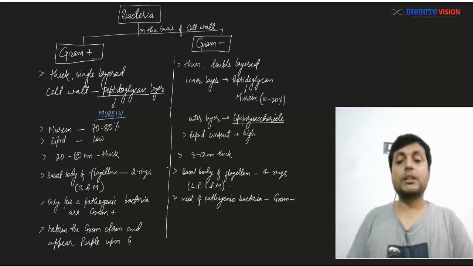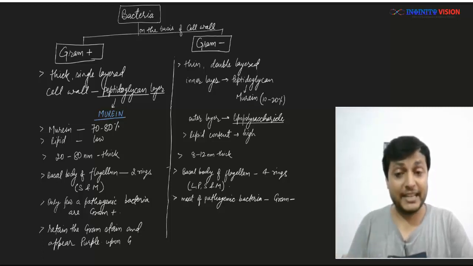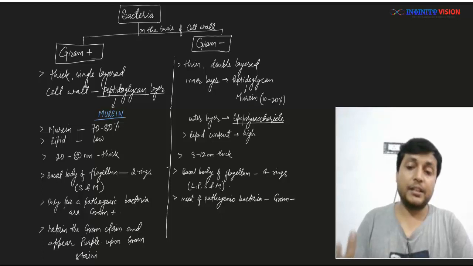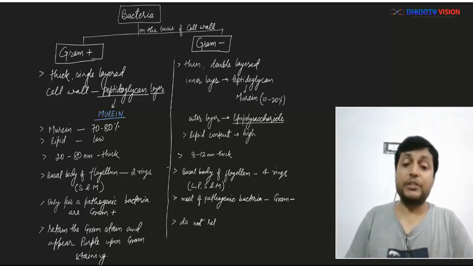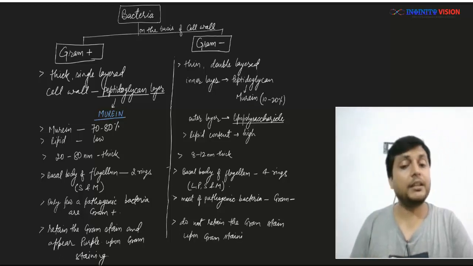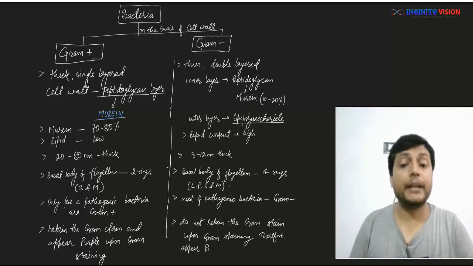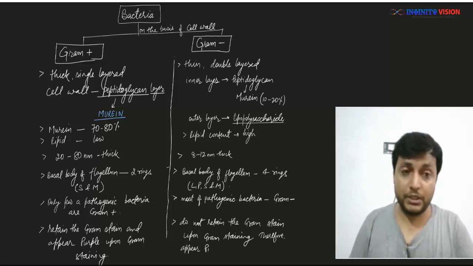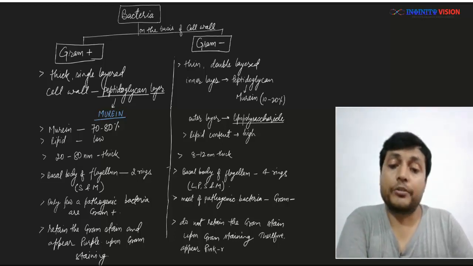All the bacteria which retain the gram stain and appear purple or violet upon gram staining are called gram positive, while the bacteria which do not retain the gram stain are called gram negative. So what do they appear? They will appear pink or red.